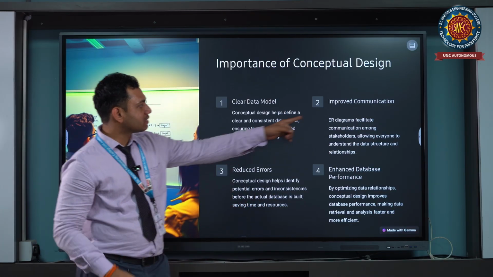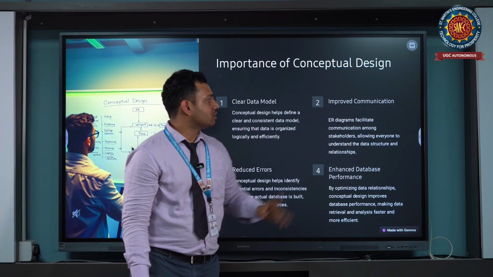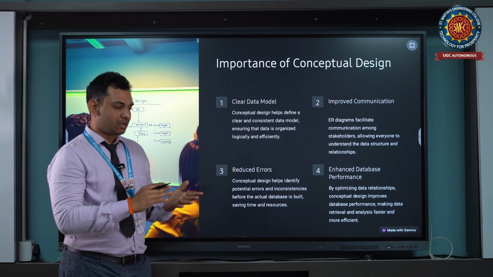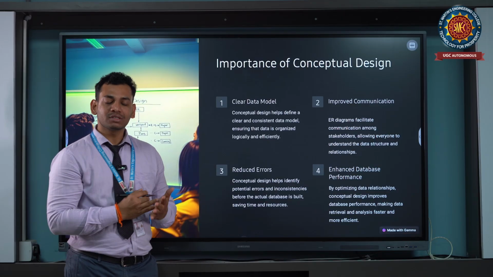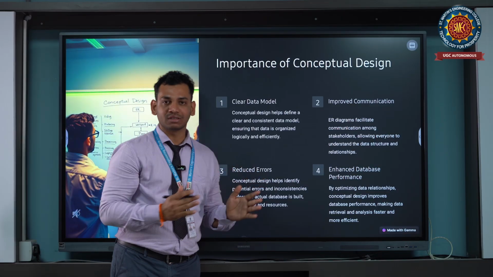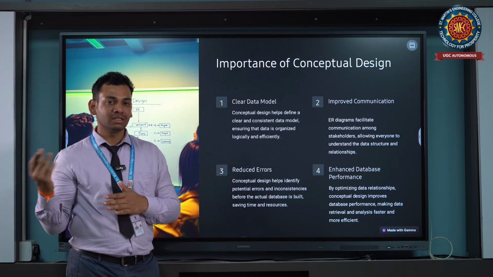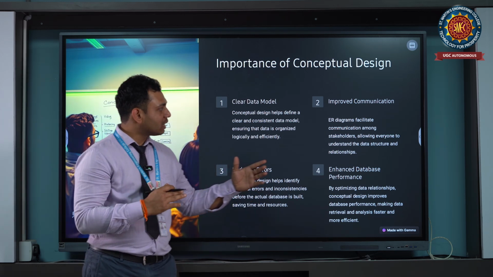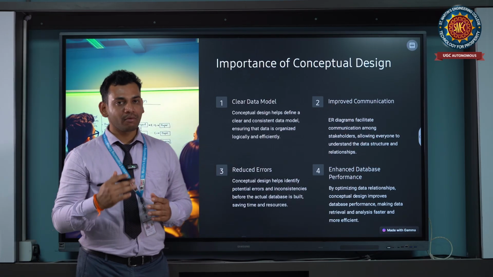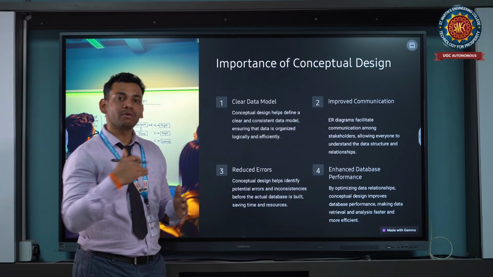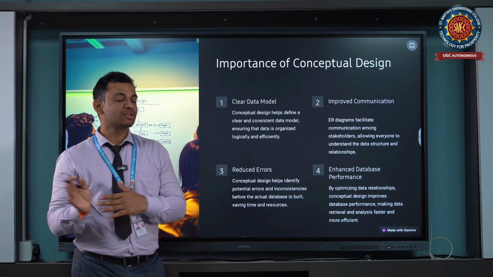And then next, improved communication. For example, some students want to register for other events, like a college fest. At that time they want improved communication, but from the department side we can't provide the full details of the particular students.